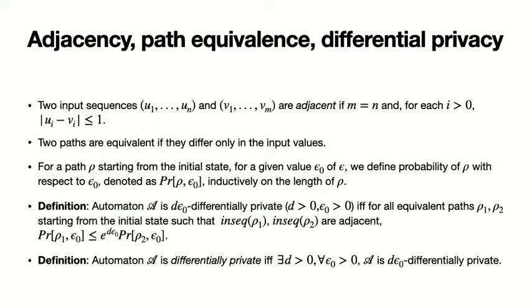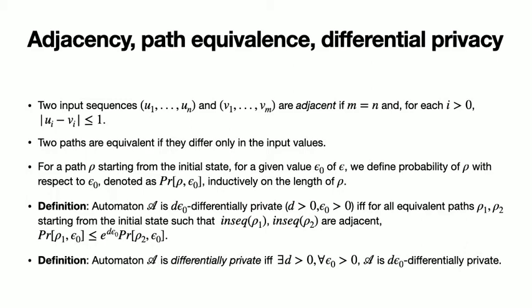Now we have the definition of epsilon differential privacy as follows. Automaton A is d epsilon 0 differentially private if and only if for all equivalent paths rho 1, rho 2 starting from the initial state such that the sequences of inputs in rho 1 and rho 2 are adjacent, it is the case that the probability of rho 1 with respect to epsilon 0 and the probability of rho 2 with respect to epsilon 0 differ by at most a factor of e to the power of d times epsilon 0.